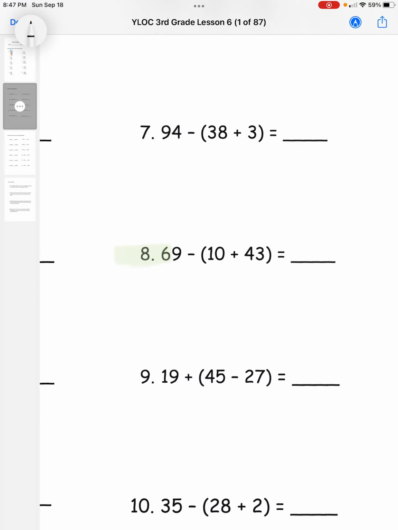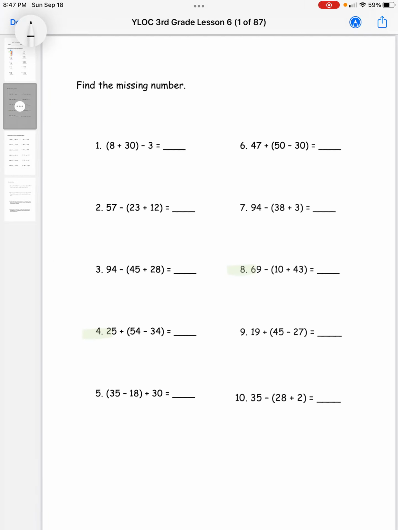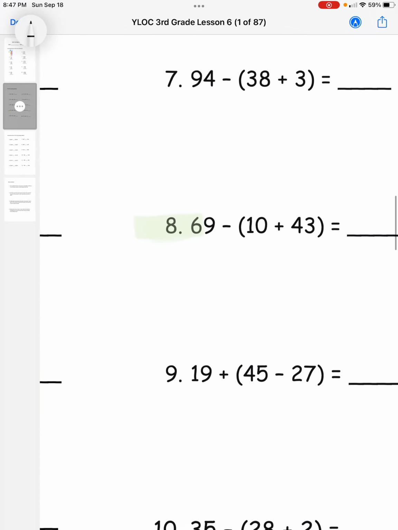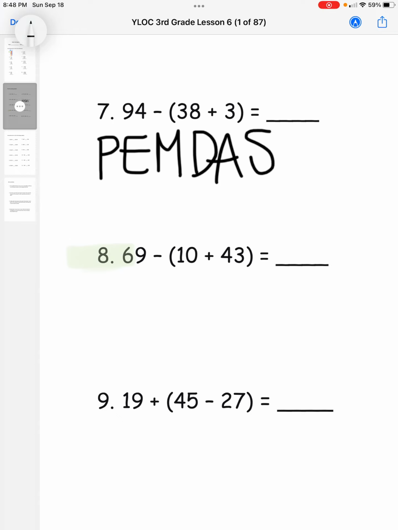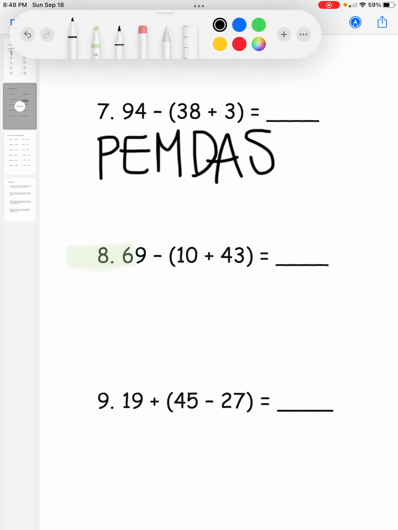For these type of questions with parentheses and a bunch of different little symbols, you want to use PEMDAS. This is an acronym for the order to solve questions of this kind.